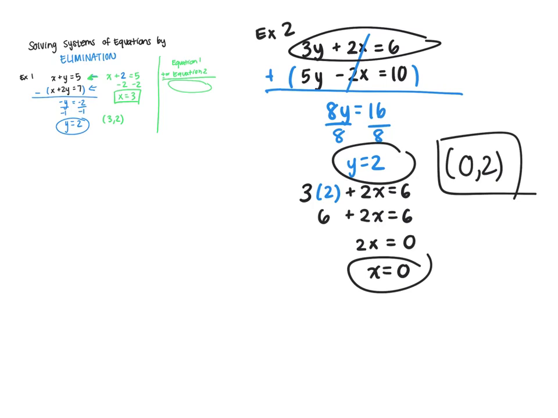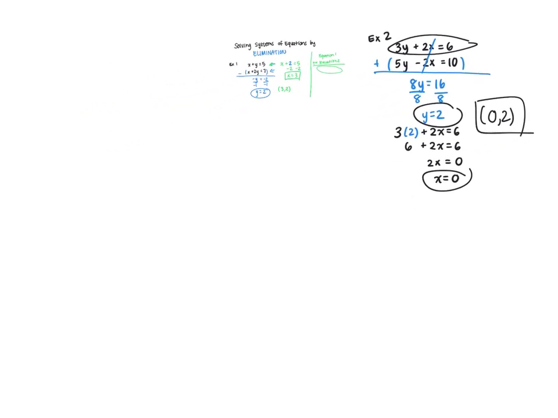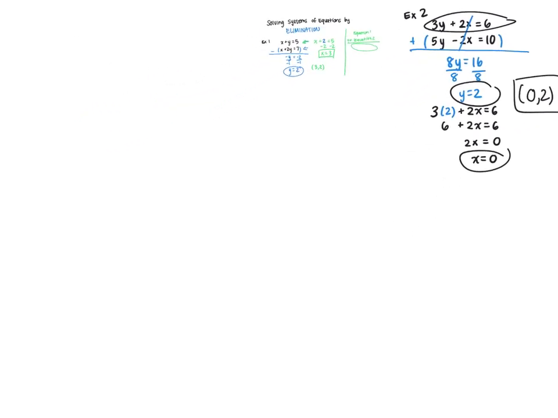Now, what happens when we're given two equations that don't eliminate right away? So in this third example, let's say we have the equations 3x plus y equals 9 and 5x plus 4y equals 22.